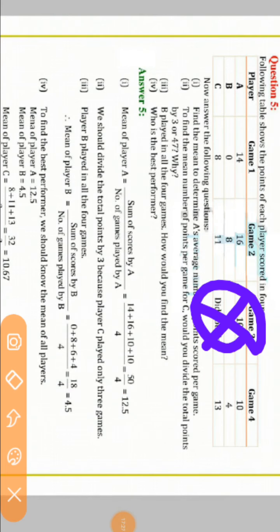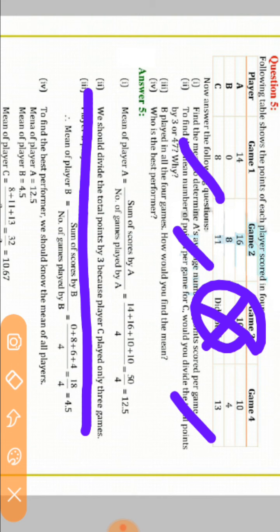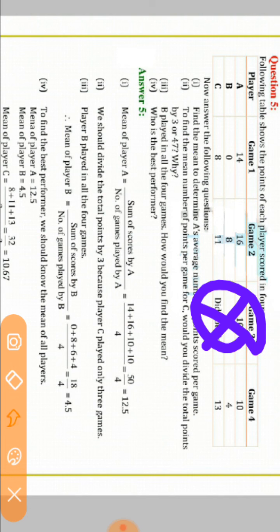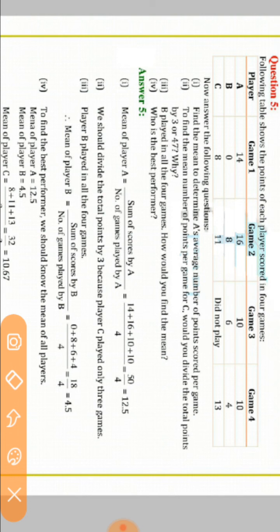That means he played only 3 games, so we should divide by 3. We should divide the total points by 3 because player C played only 3 games. Then the next question: B played in all the 4 games. Yes.